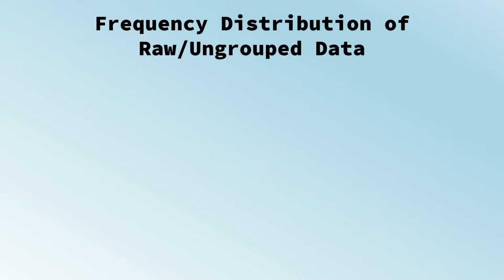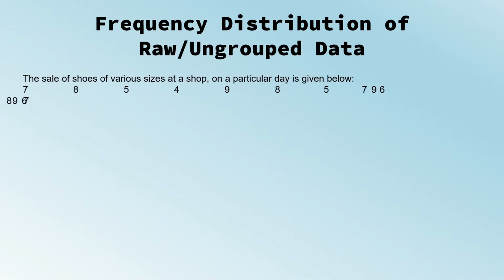Now, what is raw or ungrouped data and how to find its frequency distribution? Let us see with the help of an example. The sale of shoes of various sizes at a shop on a particular day is given below. So there are different numbers given: 7, 8, 5, 4, 9, 8, 5.